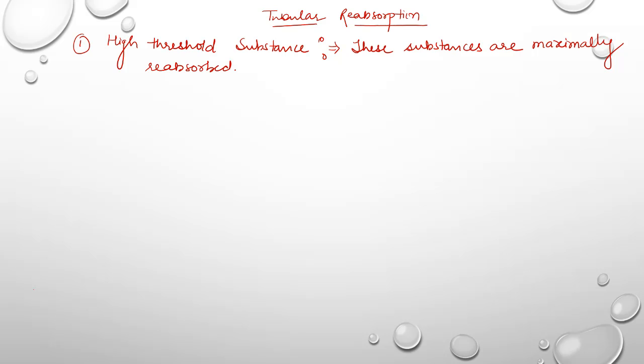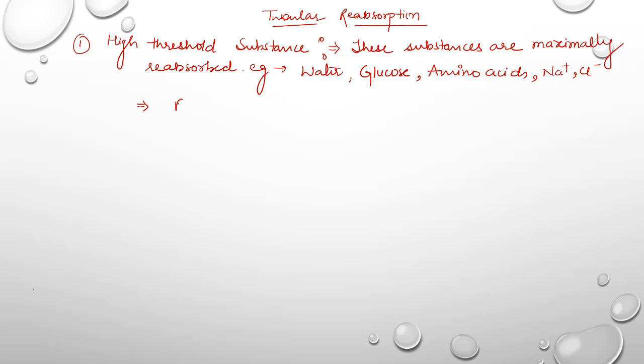These substances are maximally reabsorbed. Example: water, glucose, amino acids, Na plus, Cl minus. Okay, these are high threshold substances.